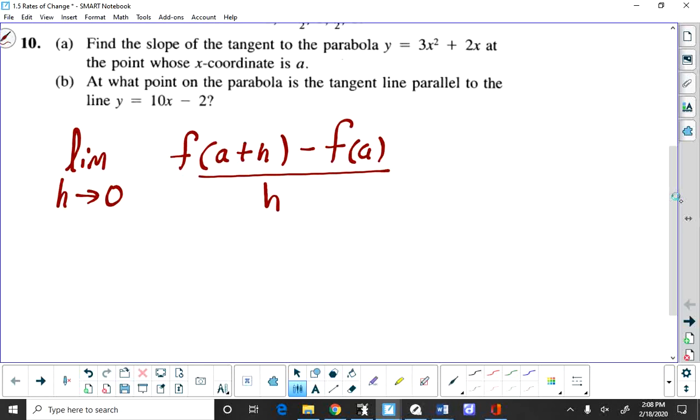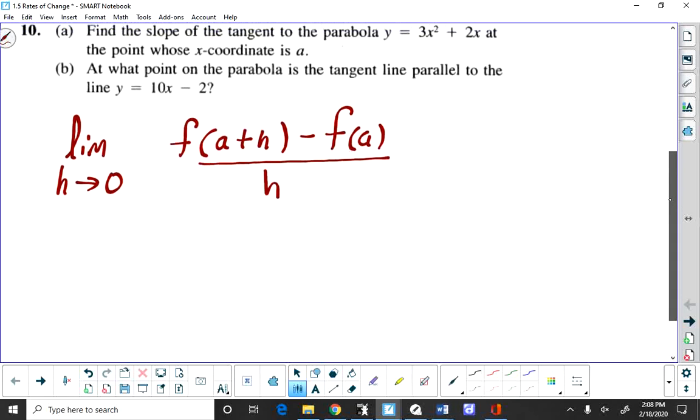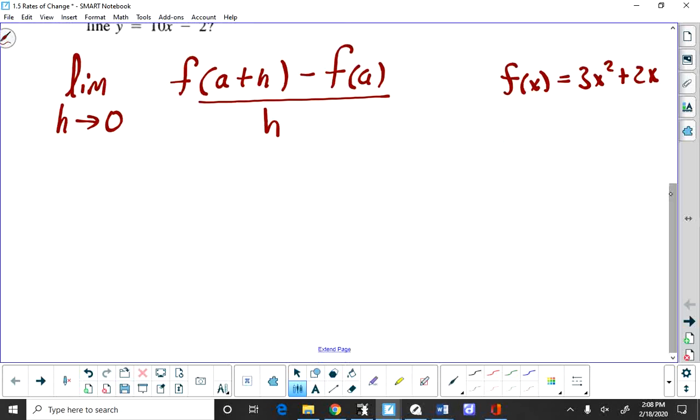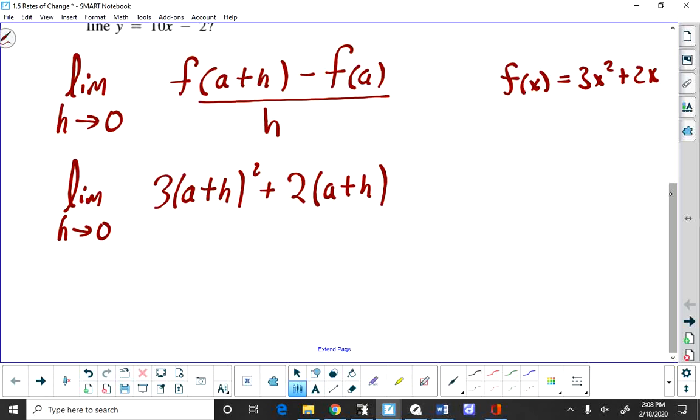But you're not going to put in a specific value of a. So what this literally becomes is, since the function is 3x squared plus 2x, f of a plus h will be 3 times a plus h squared plus 2 times a plus h.